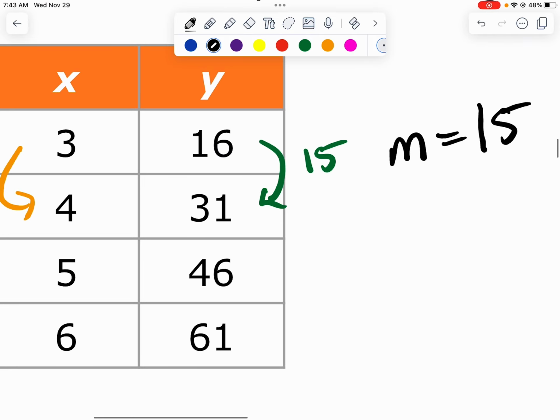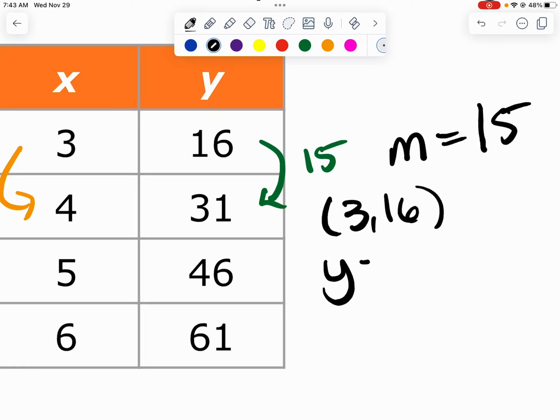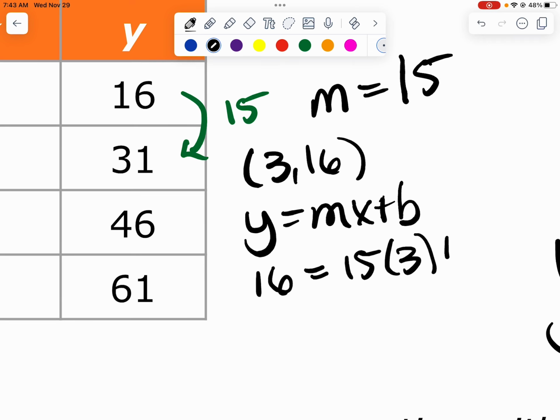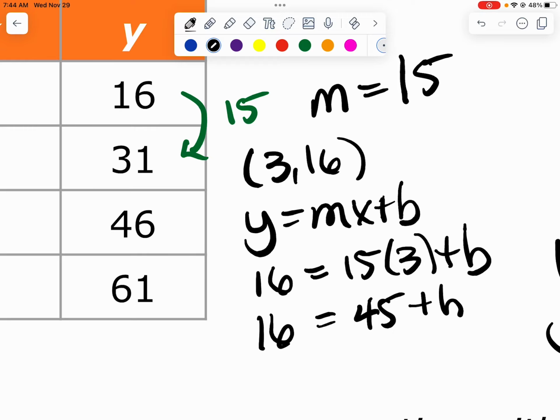So that means that I need to find the b value. So I'm going to pick the point (3, 16). I'm going to plug it into y equals mx plus b. So this is 16 equals 15 times 3 plus b. 16 equals 45 plus b.